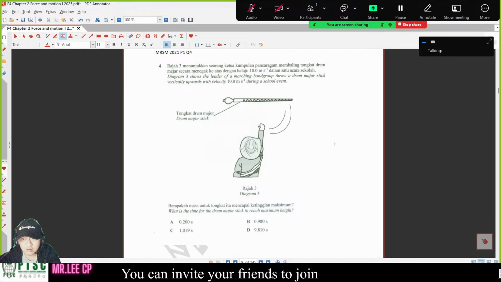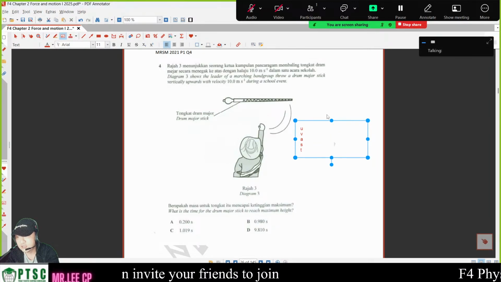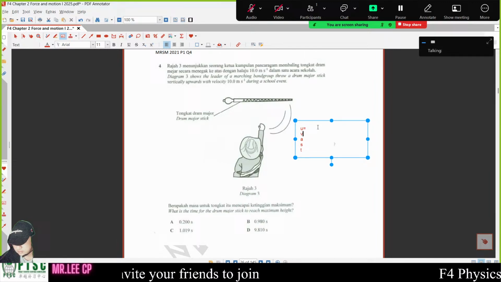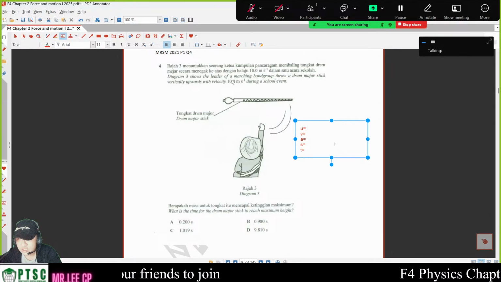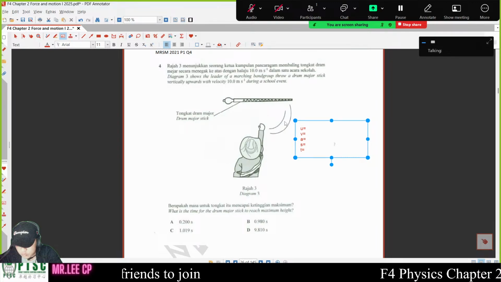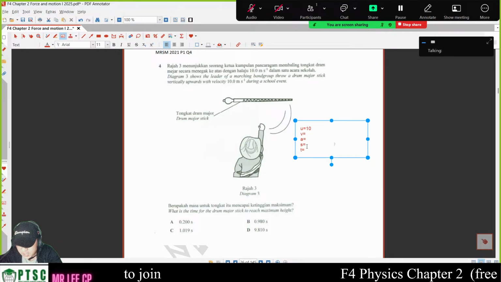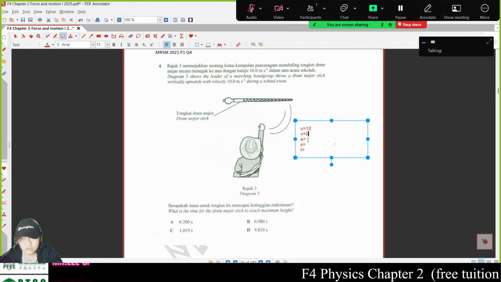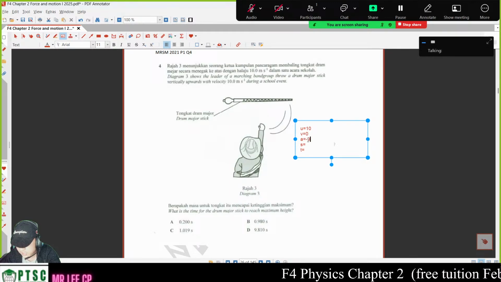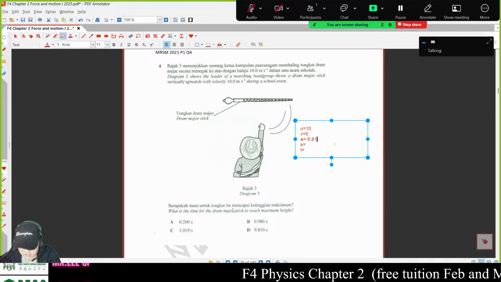So you list it out. UVAST. So initial, you are going to throw up with 10, right? Final velocity, maximum height, final velocity stop. You need to know this. Final velocity stop. A is 9.81, but negative. S, maximum.